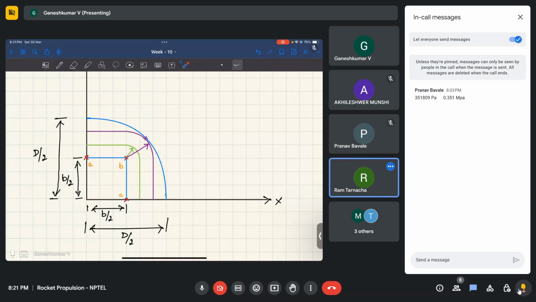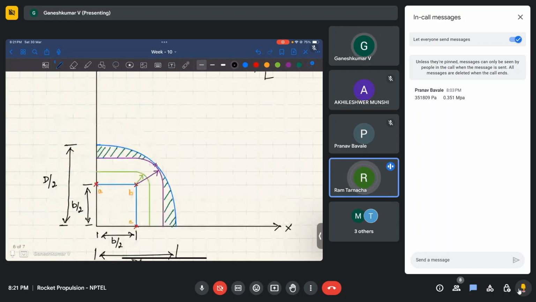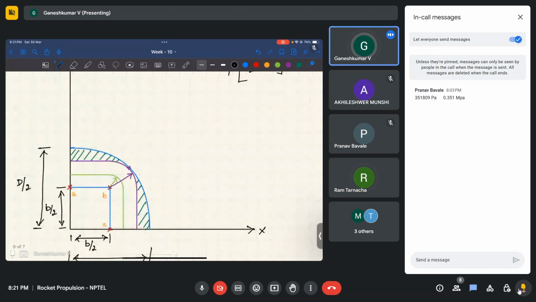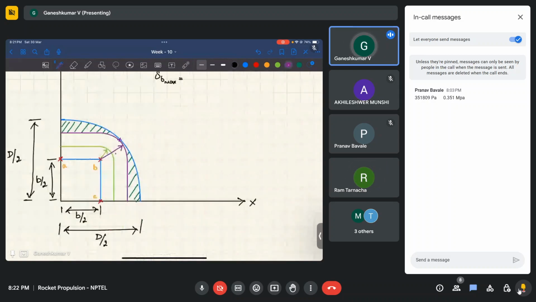So if this is the case, then whatever is left here is actually the sliver. Again, let's try to find the maximum burning surface area. This purple line, let's call it delta max, and this is nothing but the web thickness.